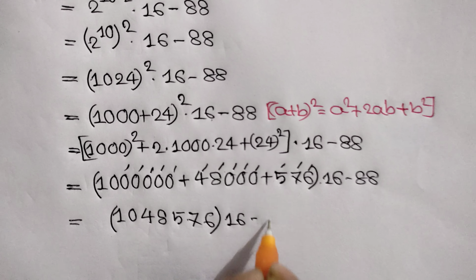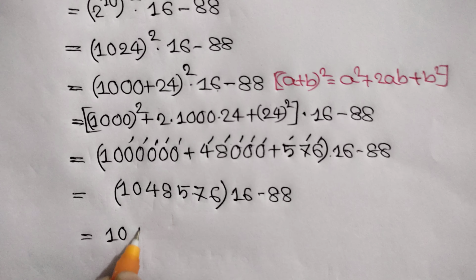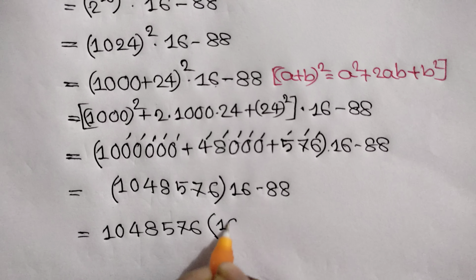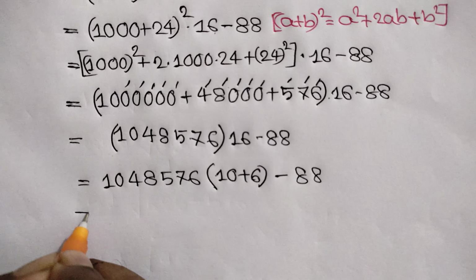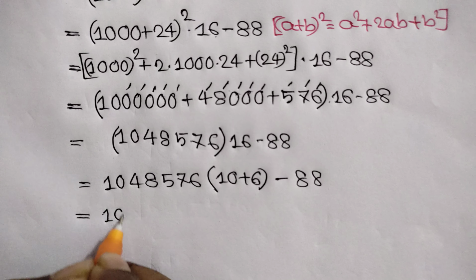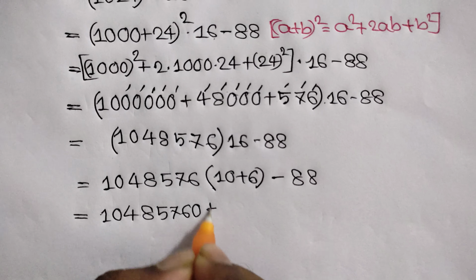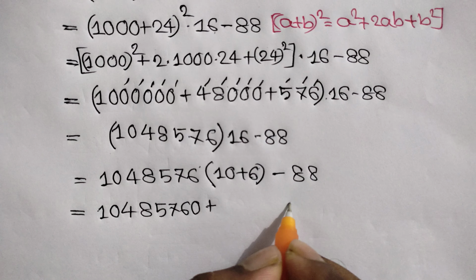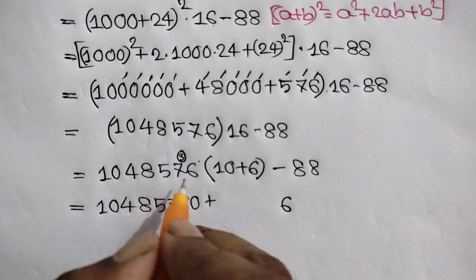Now this is 1048576 times 16 minus 88. 16 can be written as 10 plus 6, minus 88. Now 1 times this number gives the same number, 1048576. Now 0 plus, 6 times 6 is 36, so here we will write 6, and 3 will be carried.